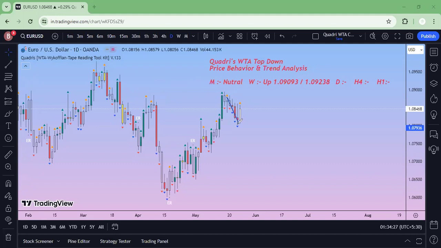But having said that, what are weekly suggesting? Weekly suggesting that there is some chance of upward movement. Though monthly suggesting we are neutral, because it was a white bar, that means it was after a red candle.